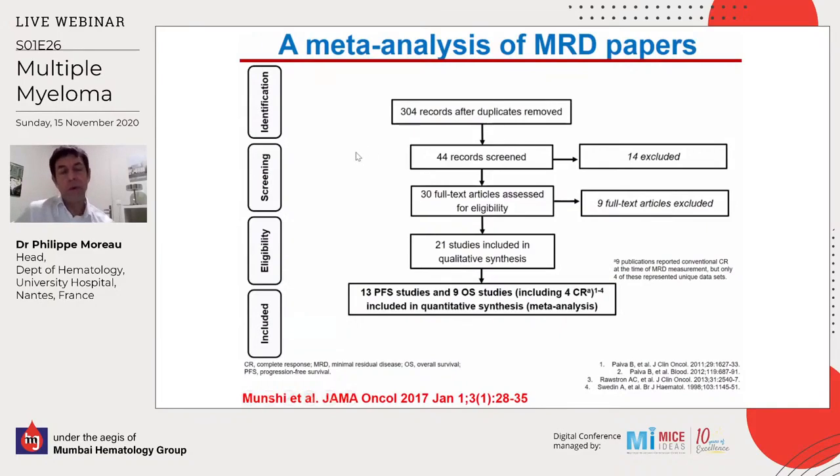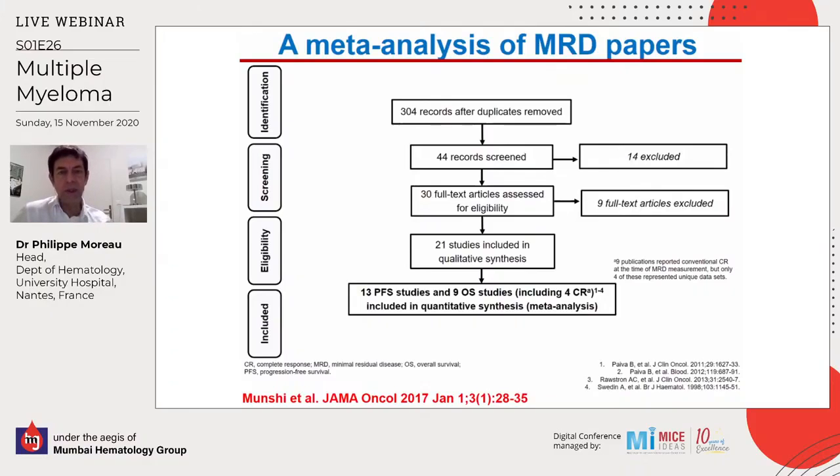In an important paper, one of the first meta-analyses of MRD was proposed by Nikhil Munshi from Boston. Nikhil looked at all papers, published in 2017, focusing on MRD negativity and assessed the outcome of patients reaching MRD negativity, not only for progression-free survival, PFS, but also for overall survival.